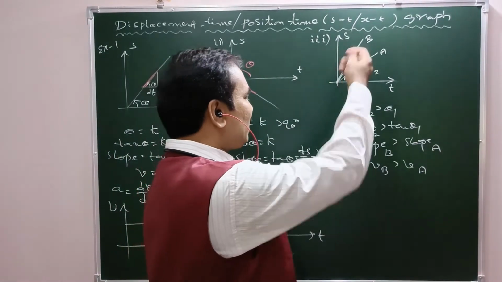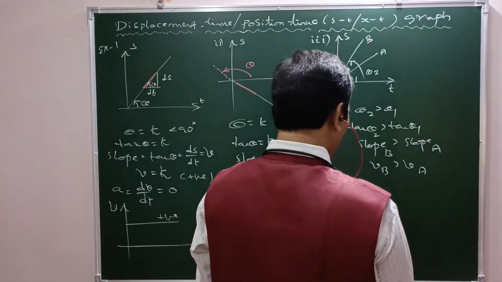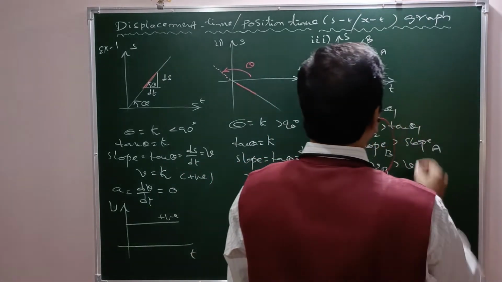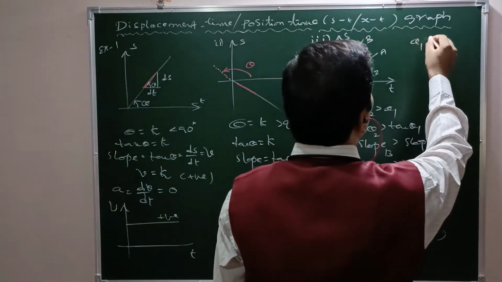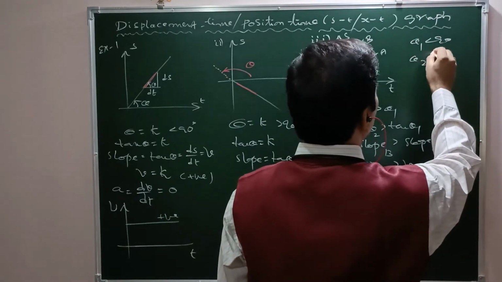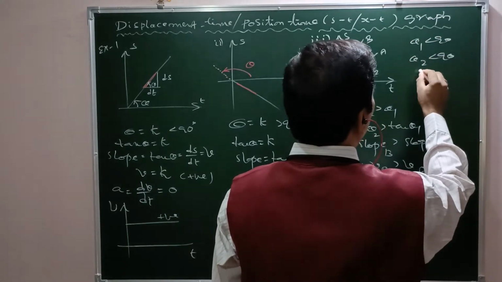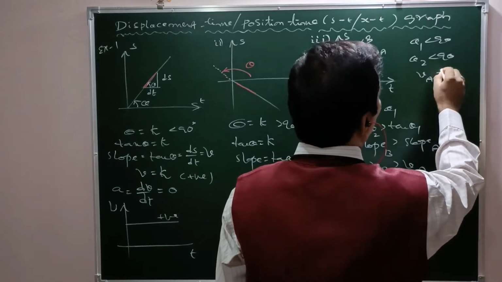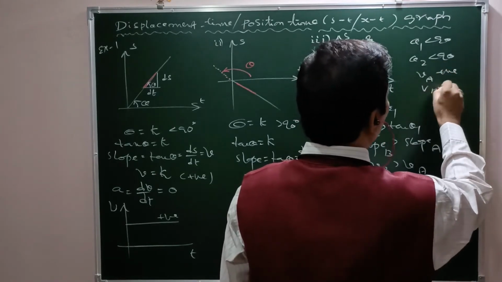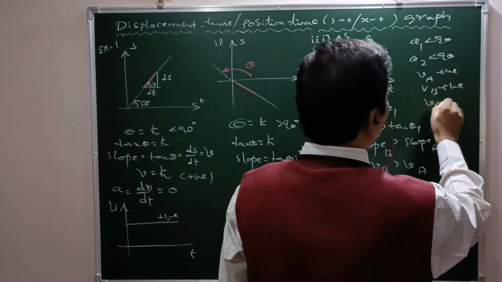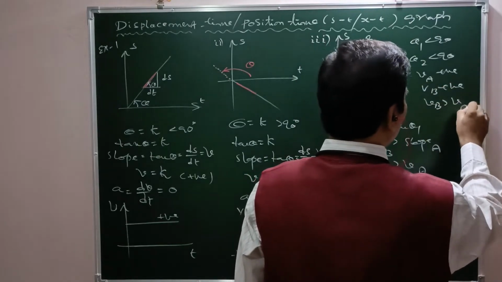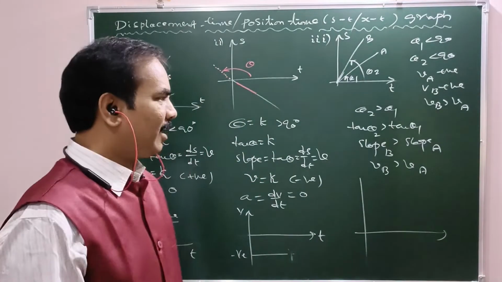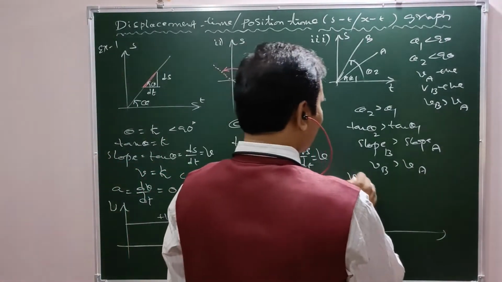So transform ST into VT here. See, theta 1 less than 90, theta 2 also less than 90. Therefore VA positive, VB also positive, but VB is greater than VA, right? So the velocity versus time graph.